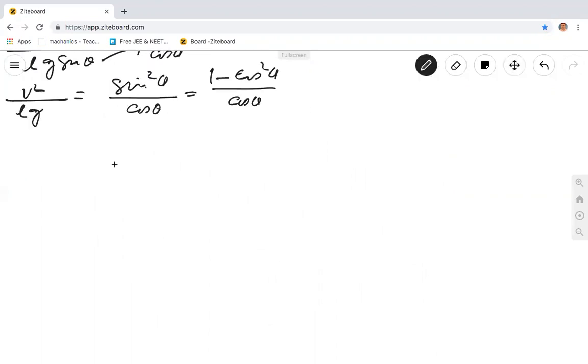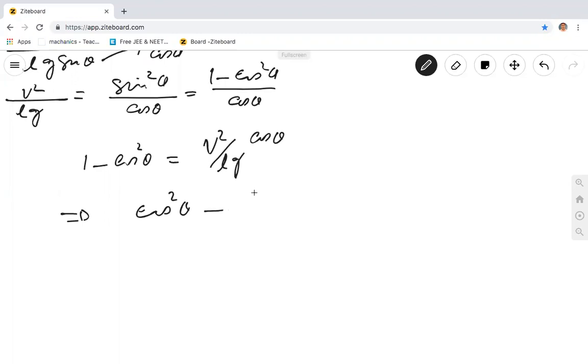I will see whether you understand or not. 1 minus cos square theta is equal to V square by LG cos theta, which implies cos square theta plus V square by LG cos theta minus 1 is equal to 0. Do you understand this when I write this equation? Cos square to the right, positive. Yes. 1 to the right.